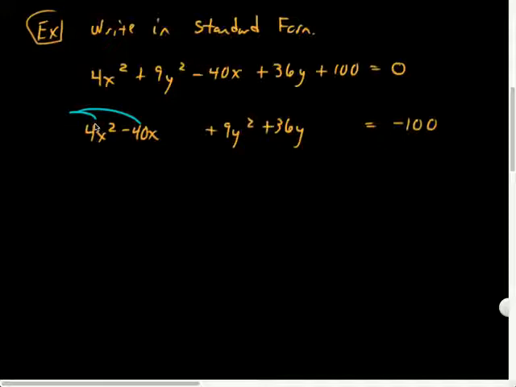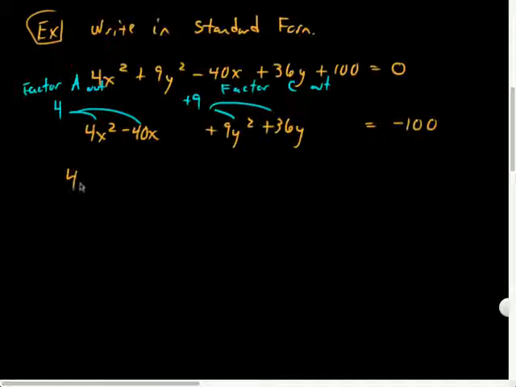So let's see. I'm actually going to factor a out here, all right? So even though I could factor an x out of both of these terms, I'm not going to. So I'm going to factor a 4 out here, and over here I'm going to factor out a positive 9.